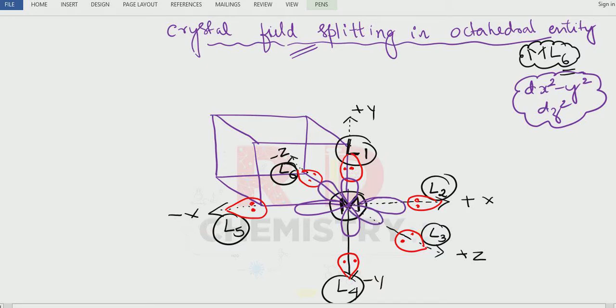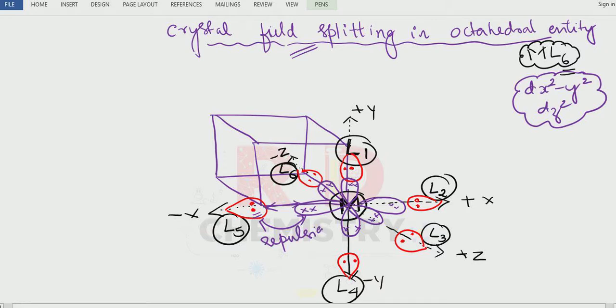Now here also, these metal d orbitals have electrons in them, correct? Ligands have got electrons in their orbitals, metals have got electrons in their orbitals. When they come very close to the metal atom, what will happen? Electron repulsion will take place, correct?